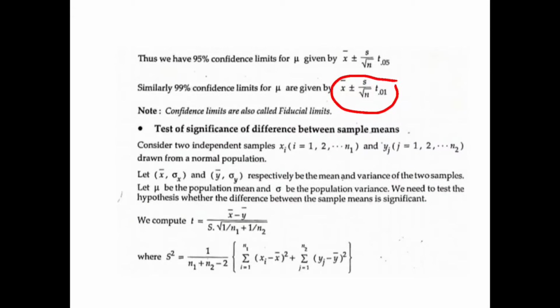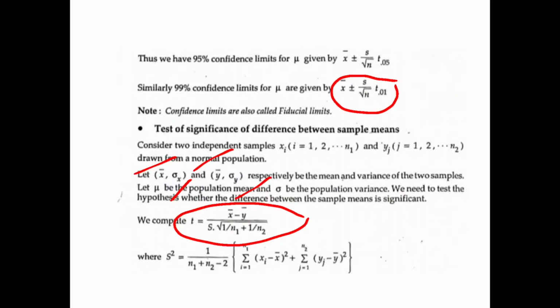Understood? And here also we have test of significance for difference of sample means. Till now we have discussed only one population and one mean, and here we will discuss two different populations and two different means, x bar and y bar, with two different standard deviations, sigma x and sigma y. In this case also the test statistic will be almost the same, but with a little difference.